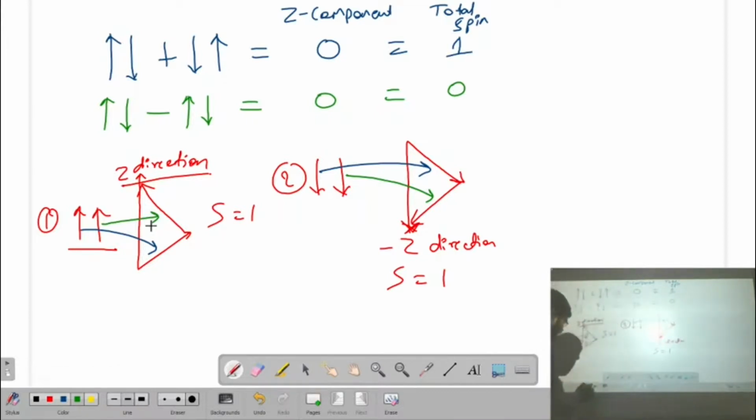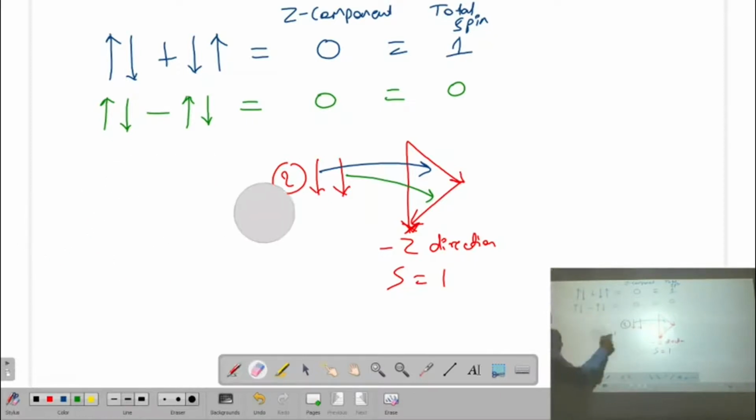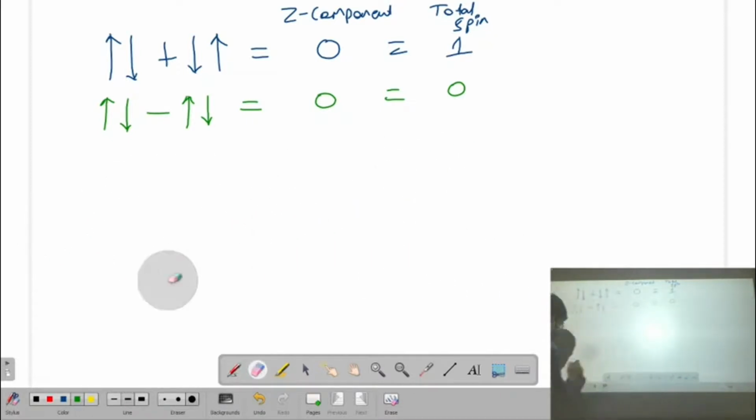So let us see what happens for the third one.